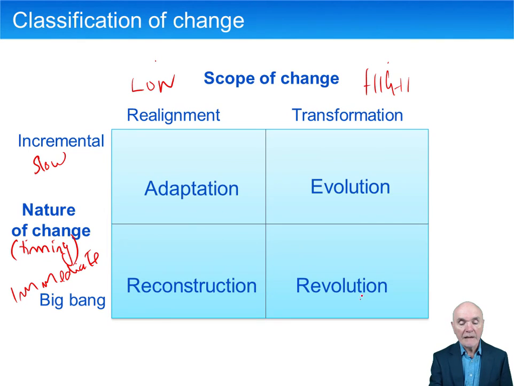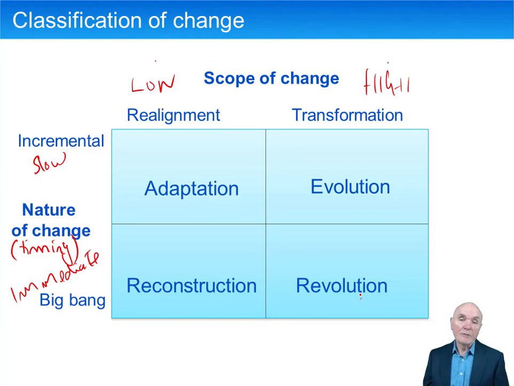There's no real problem here with revolution. Revolution, we know what a physical or political revolution is. It tends to mean that the whole government changes very quickly, instantly, within a few days, and there's going to be a very fundamental change to the direction of the company or the type of government. So that's revolutionary change.